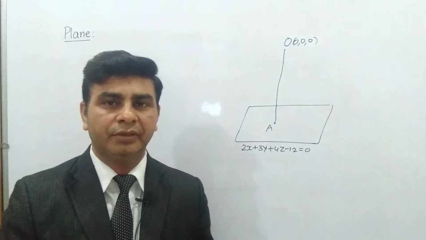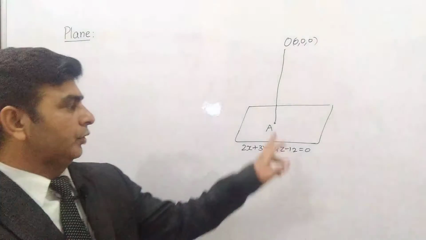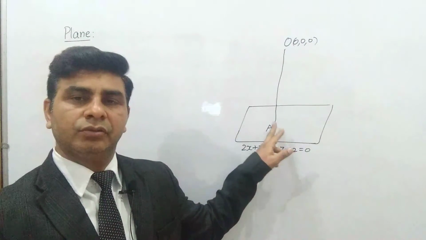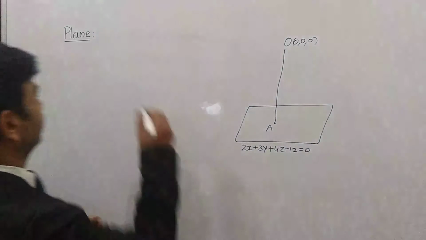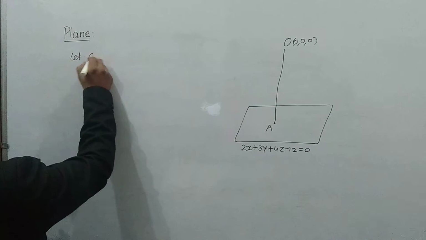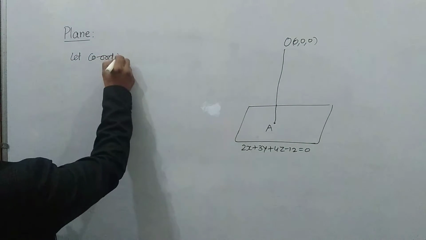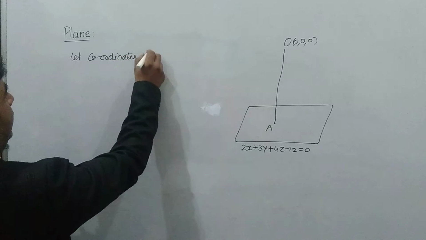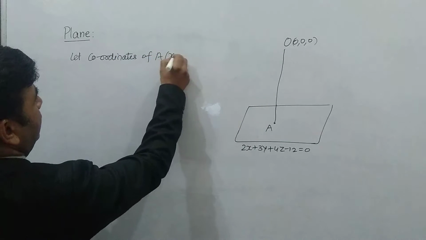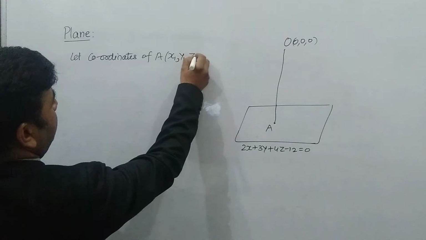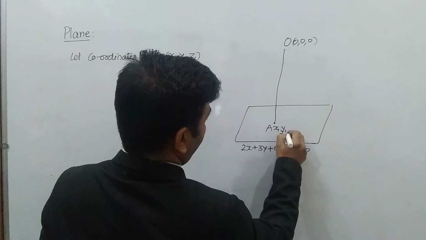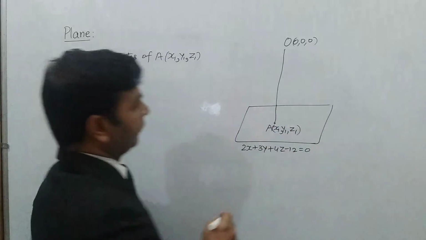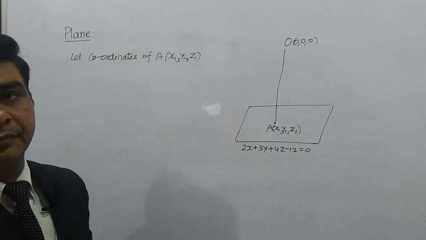We want to find the coordinates of the point A. So how can we do it?